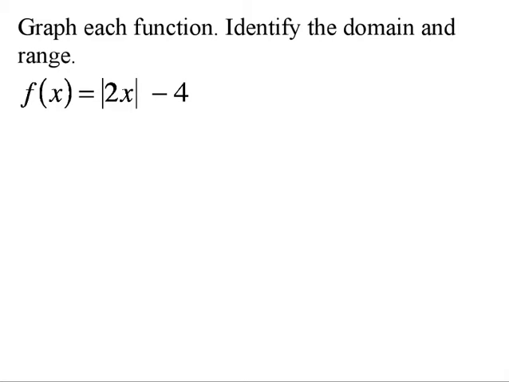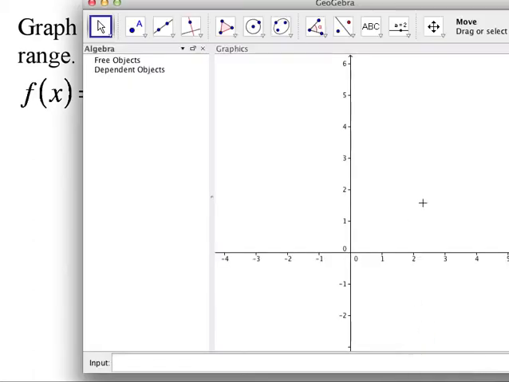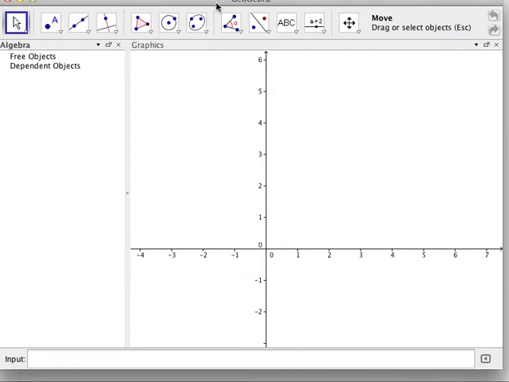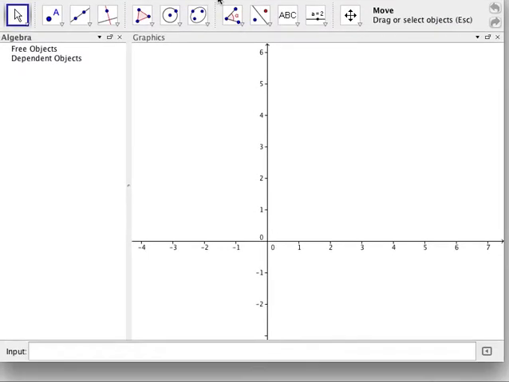What I need you to do now is go into GeoGebra. If you didn't remember where that was, it was www.geogebra.org for those of you at home that are watching. For you guys, you should all have your netbooks ready to go. This is the absolute value of 2x minus 4. You've got your GeoGebra screen right here.